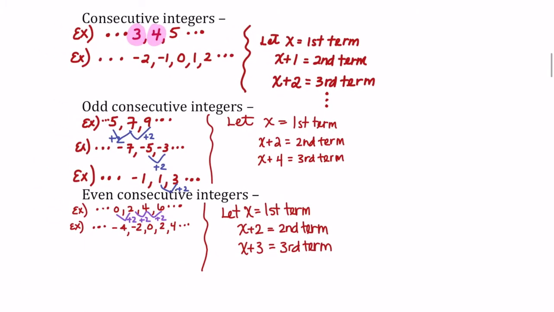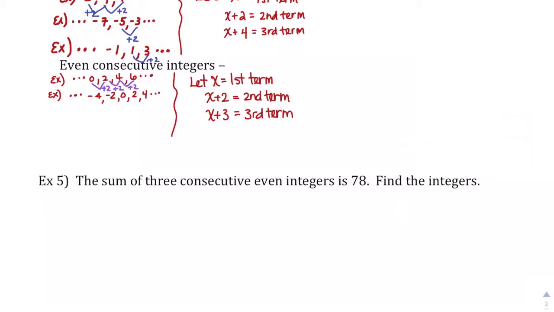Any question on that? So the next problem we're going to talk about uses those ideas. Example number 5 says the sum of 3 consecutive even integers, and sum is addition, is 78.